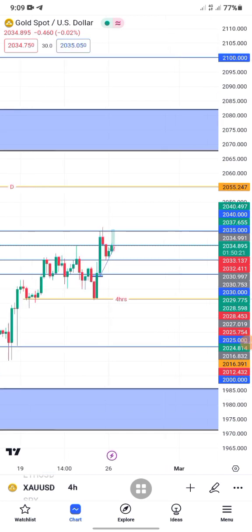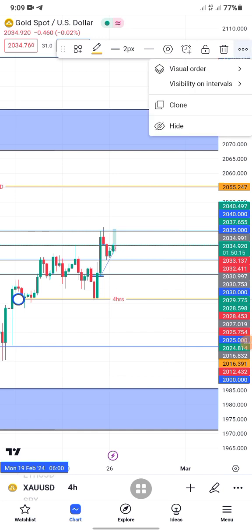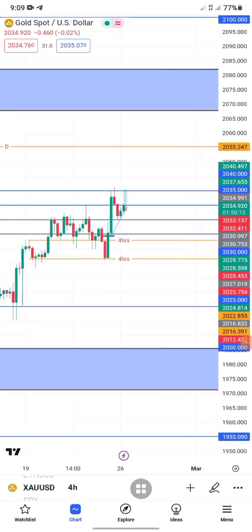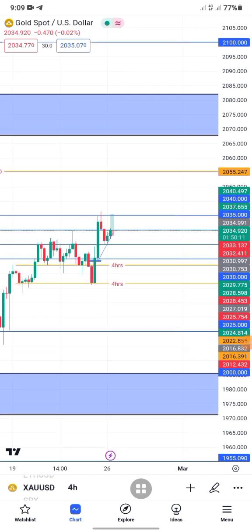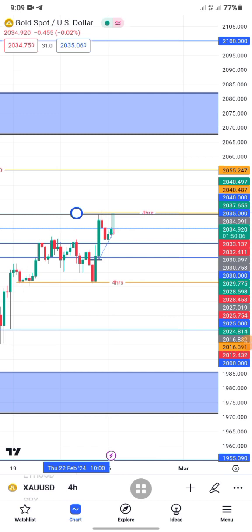So our next level that I'm going to plot out, let me just clone this one, to get a better, clearer view of it. So right now I can still plot out my resistance zone right here, because why will I plot it out here?